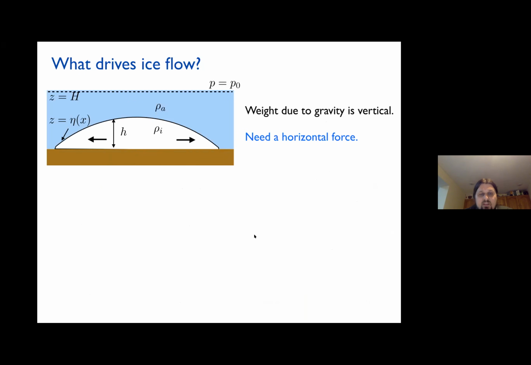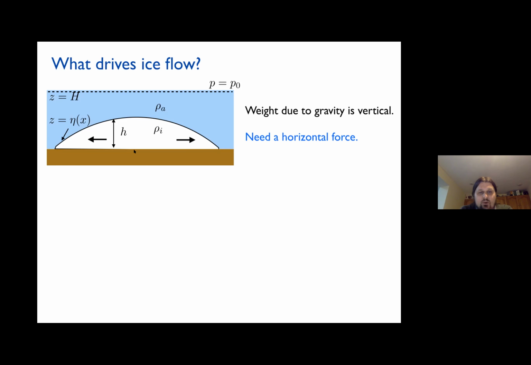If we think initially about the forces involved, one of the really key forces is due to the weight of the ice in this system. However, if you think about resolving components of forces, in a setting where the surface of the Earth is locally flat and is in the horizontal, your weight due to gravity is only acting in the vertical direction.